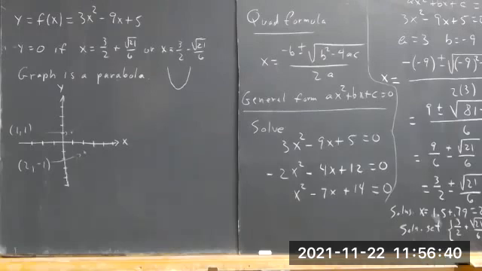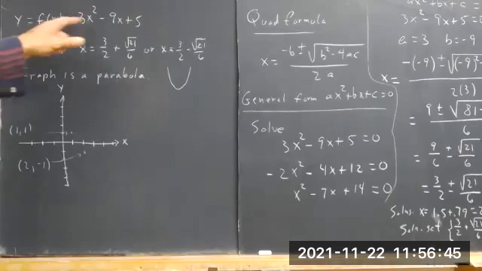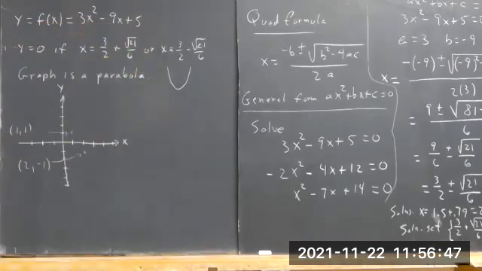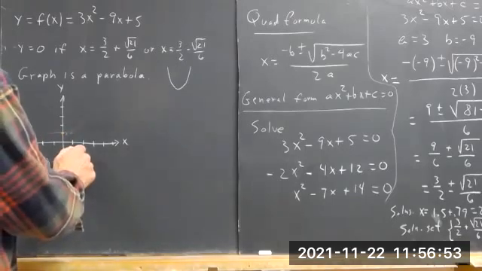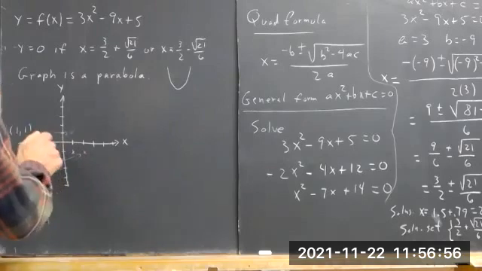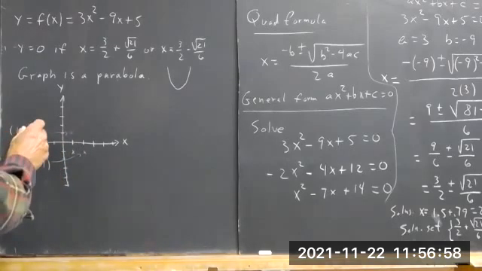Uh-oh. 3 minus 9 is negative 6. And add 5, we get negative 1. So the point here should have been 1, negative 1.